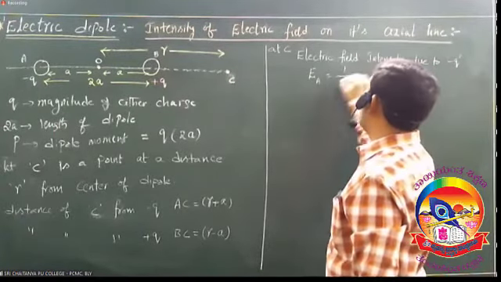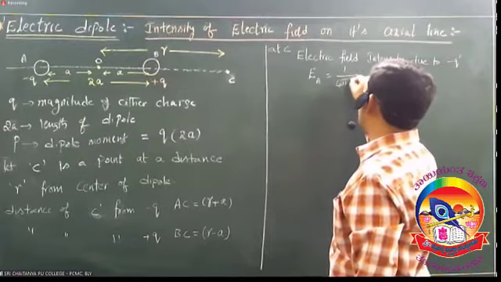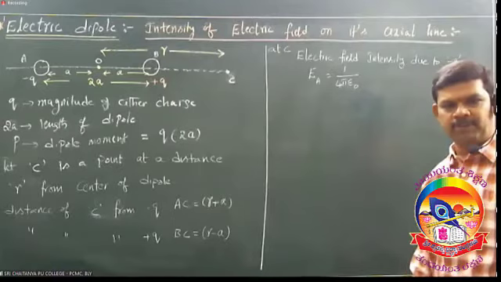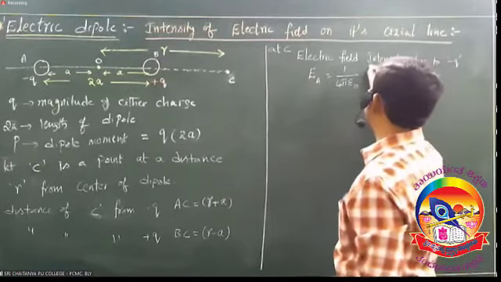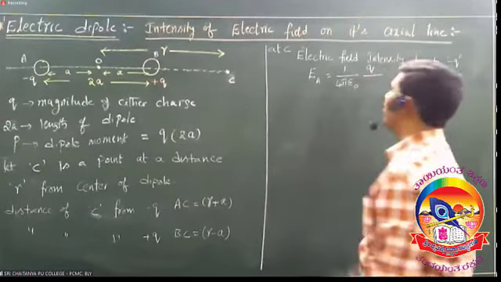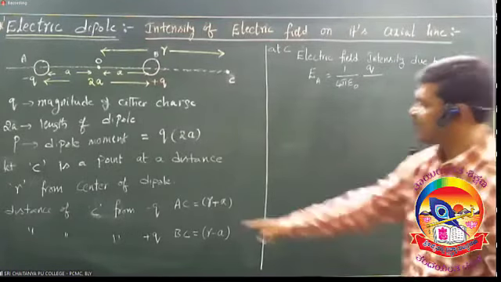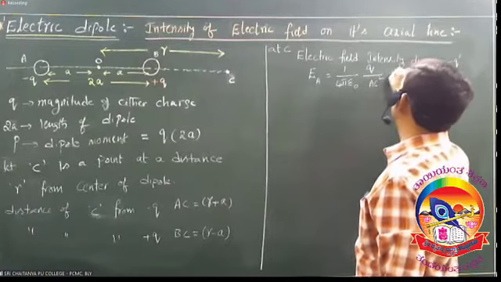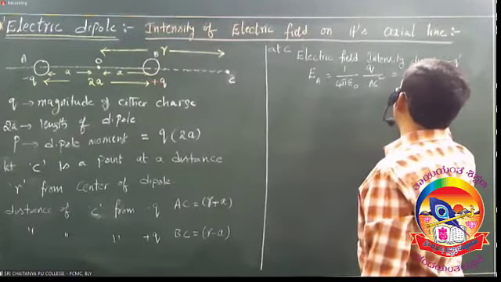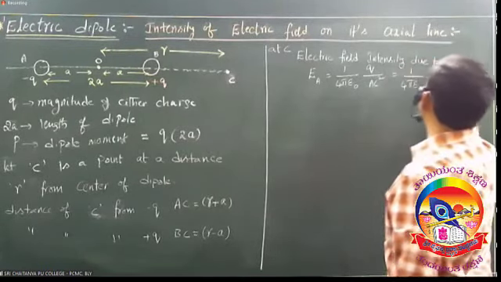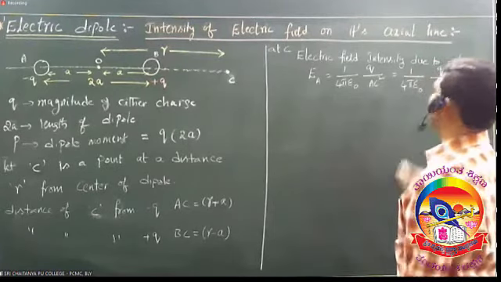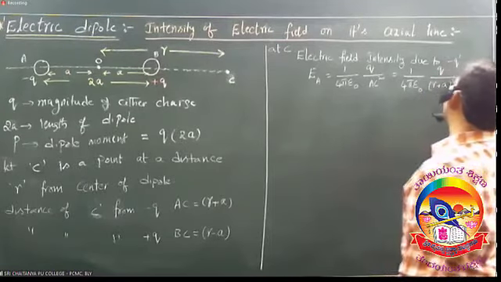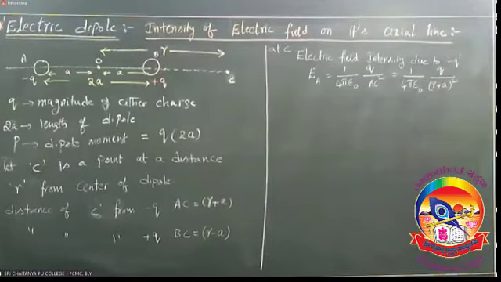The formula is 1 by 4 pi epsilon naught, Q by the distance squared, AC square. So 1 by 4 pi epsilon naught Q by R plus A whole square.